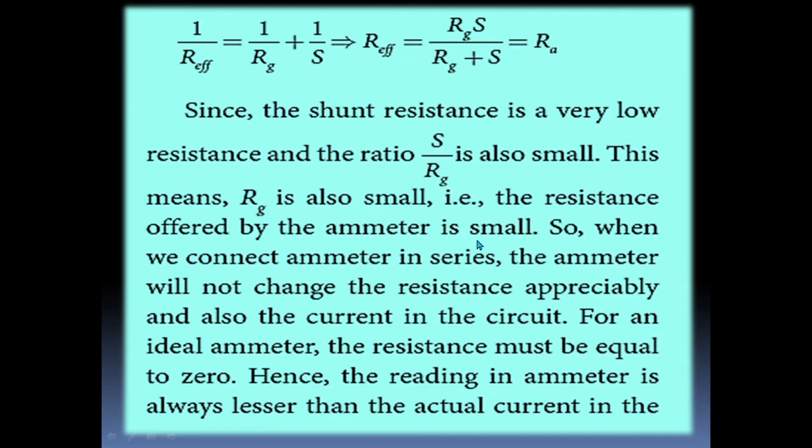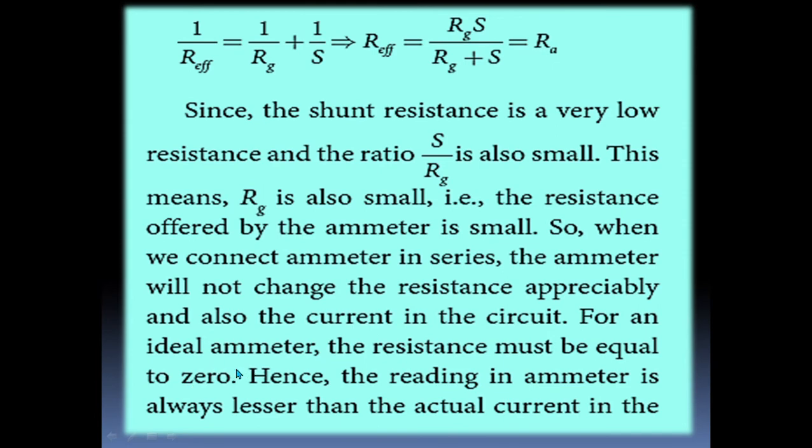When the resistance is very small, a large amount of current can pass through. So when we connect the ammeter in series, the ammeter will not change the resistance appreciably, and also the current in the circuit. For an ideal ammeter, please note it down, students, the resistance must be equal to 0.